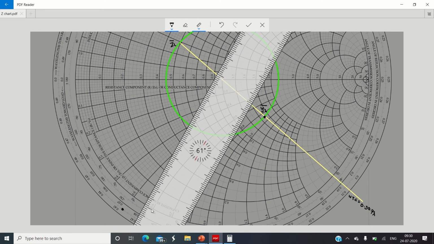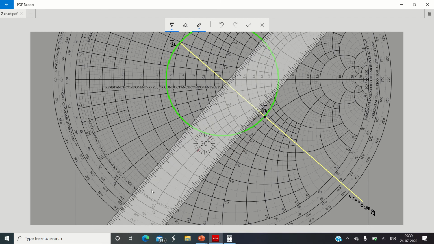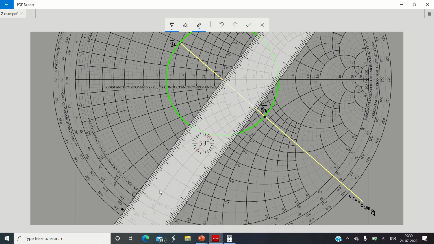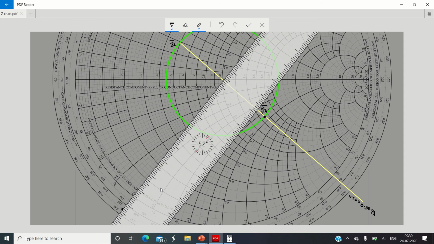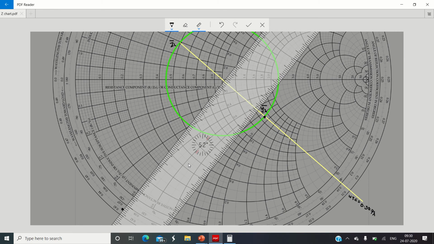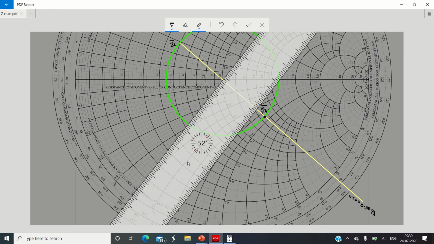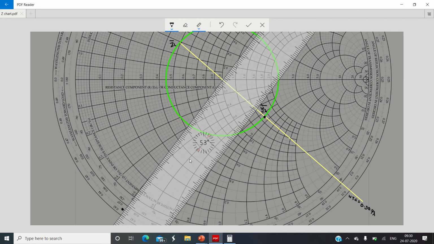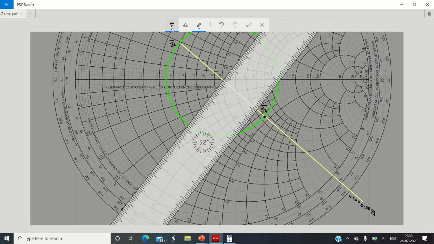Okay, in this way, adjust the scale. You need to take accurate. Okay, so I will choose again the yellow color for drawing a line, right?